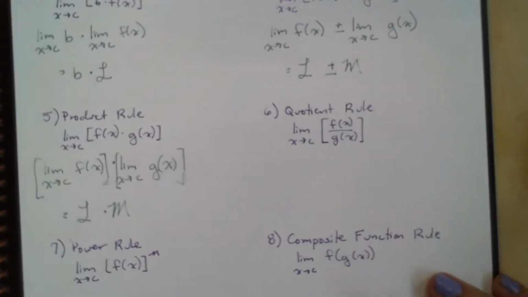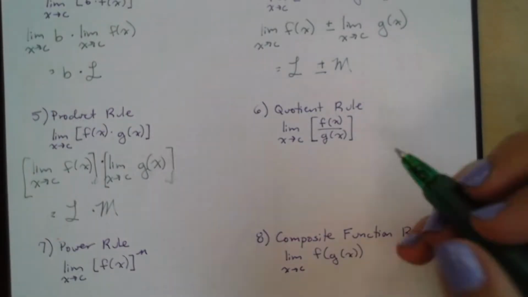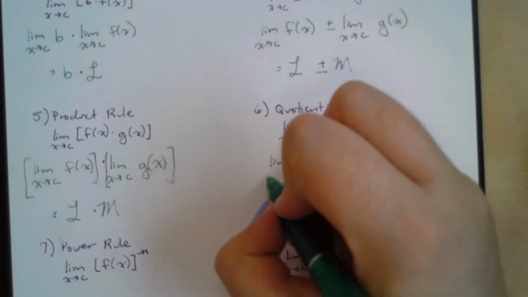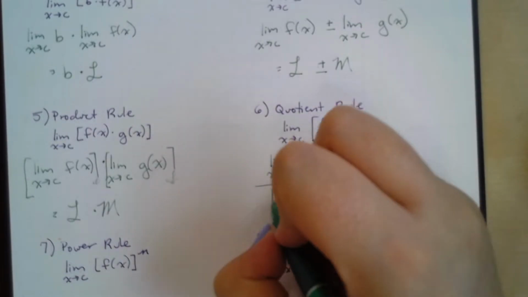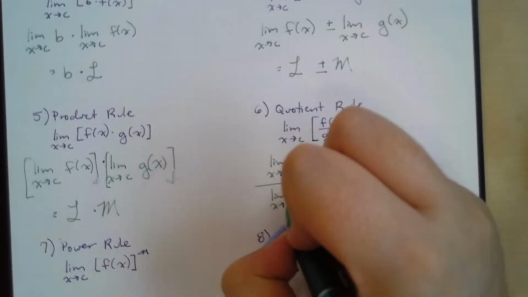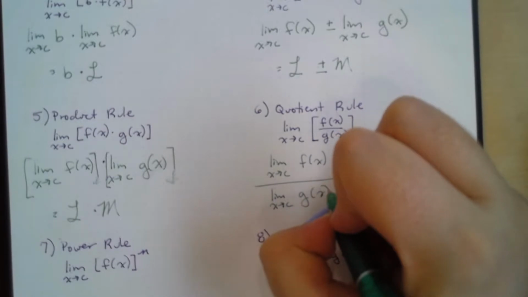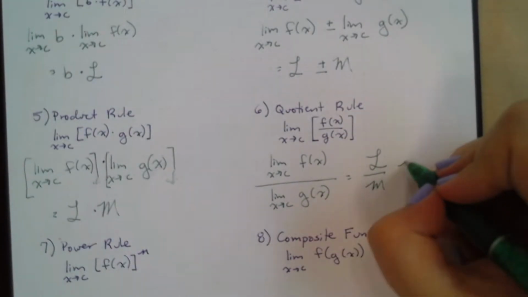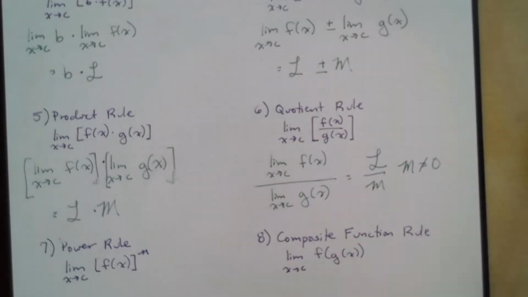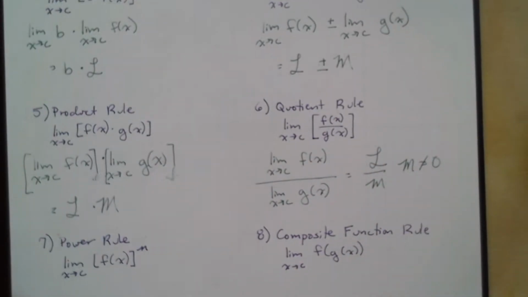Our quotient rule, same situation: the limit as x approaches c of f of x divided by the limit as x approaches c of g of x, which is just going to be L over M. But of course, in this case, M cannot equal 0. Got to make sure that we keep that in there.